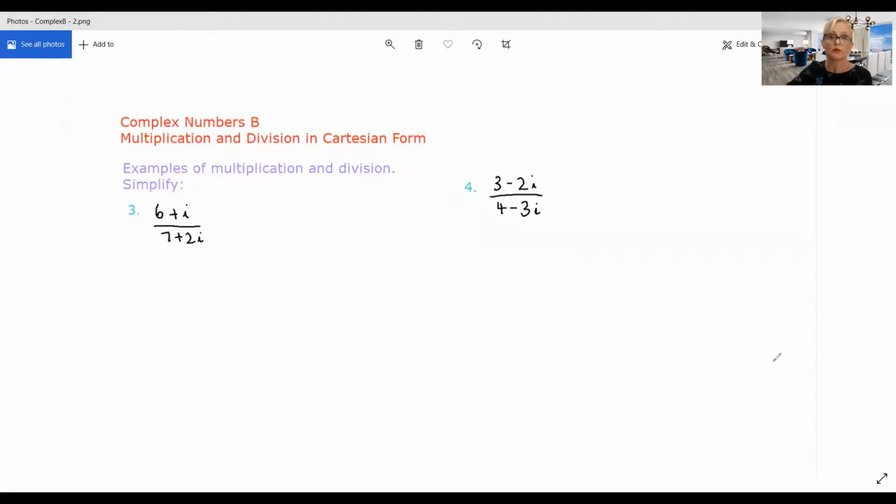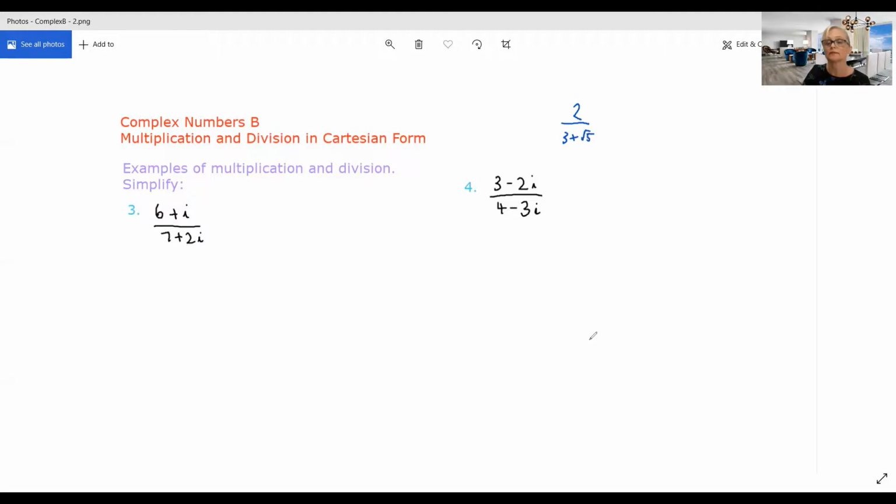Okay, multiplication was relatively simple. We just used our expansion and then we used the fact that i squared was -1. Division is somewhat reminiscent of our surds topic when we were rationalising the denominator. You may or may not recall, if we had something like this in our surds topic, I might have said to you, rationalise 2 over 3 plus root 5.